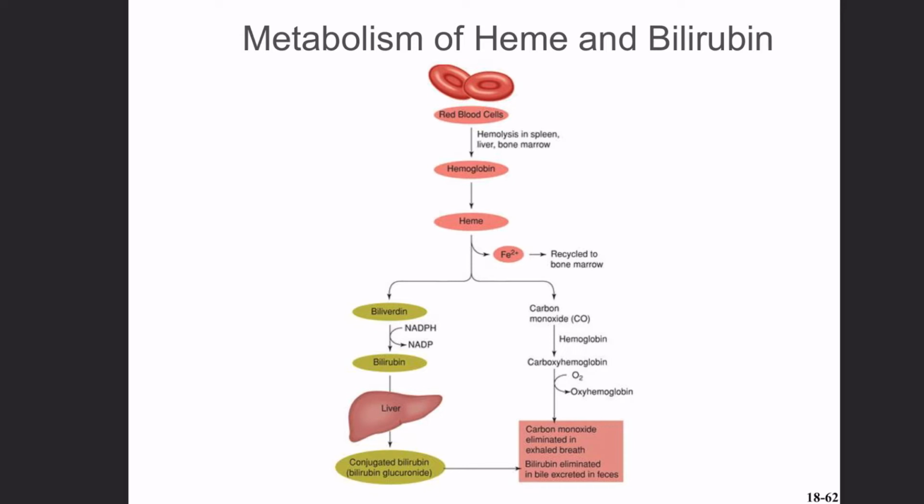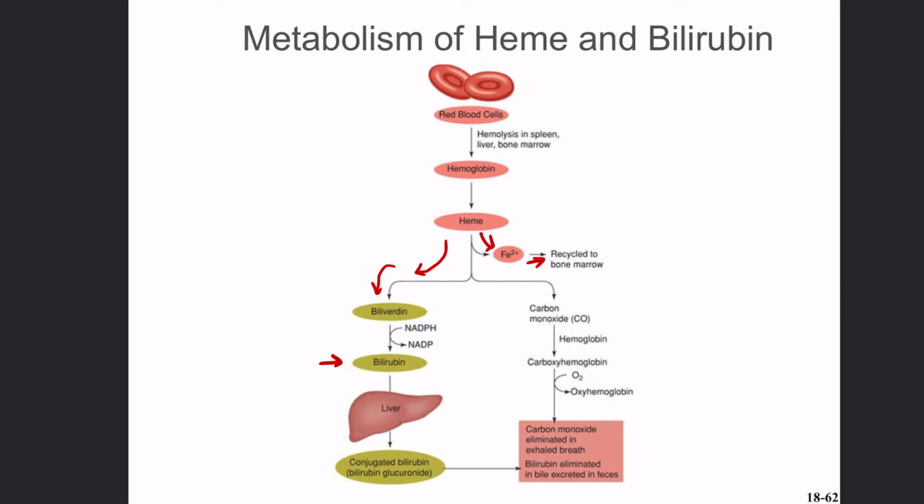In the liver, we also have metabolism of heme, and from that bilirubin, and then metabolism of bilirubin too. So our red blood cells, which have hemoglobin, are going to be broken down into heme and going to release this iron, which will be recycled. The pigment here is going to produce a molecule called bilirubin in the liver.